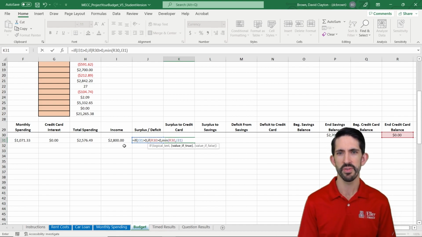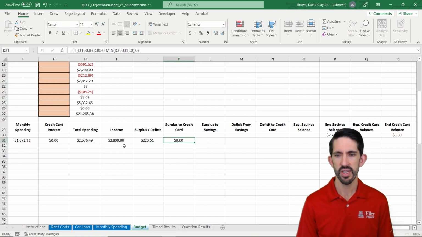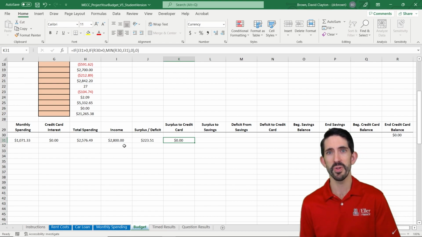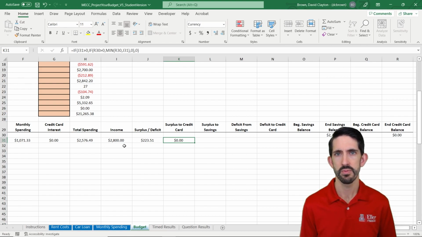So that's where the min function comes in nice and handy. If I don't have a credit card balance, well, I'm going to pay 0. And if I don't have surplus, I can also pay 0 because I actually don't have enough money. So that if function tells me that I have $0 going to my credit card in the first month. I think that works. That makes sense since I have a surplus and I don't have any credit card debt.